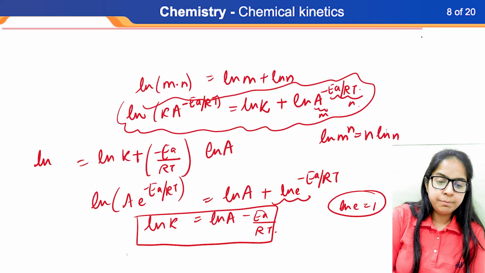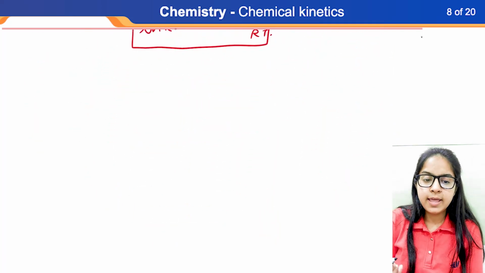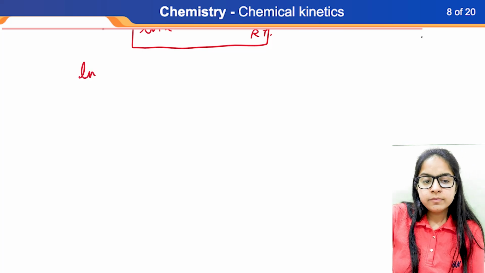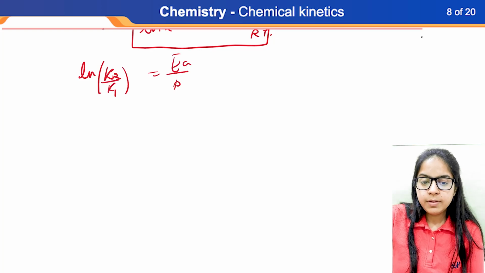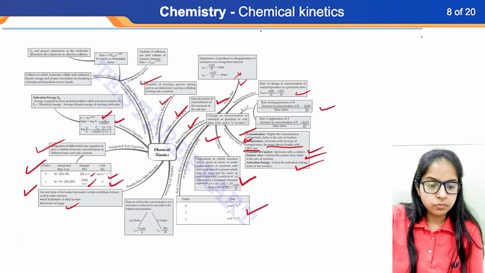Now, at two different temperatures, we want to calculate the activation energy. I'll explain activation energy again. First, the formula is ln K2 by K1 equals EA by R into 1 by T1 minus 1 by T2.